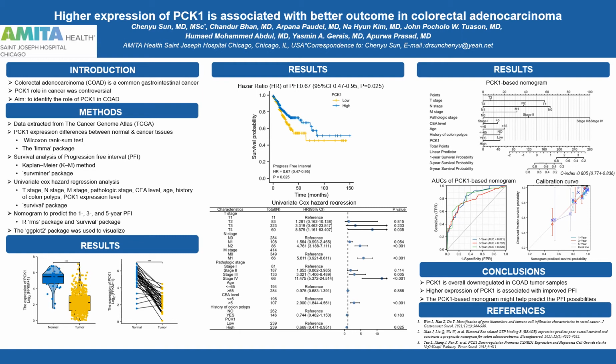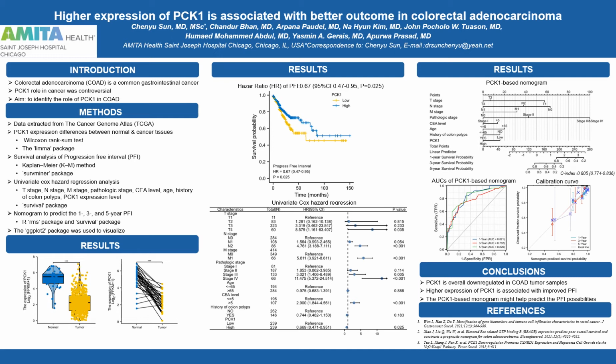The univariate Cox hazard regression analysis showed that the CEA level, T4, M1 stage, stage 3 and 4 pathological stage, and the PCK1 expression were all significantly related to the PFI, with all of the p-values less than 0.05.